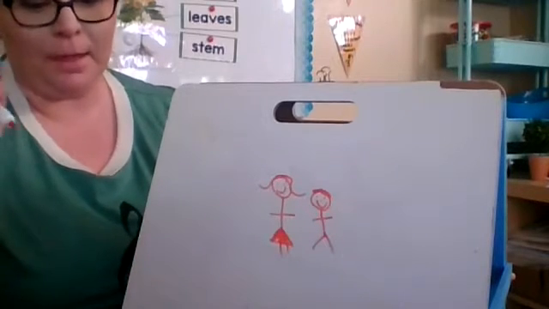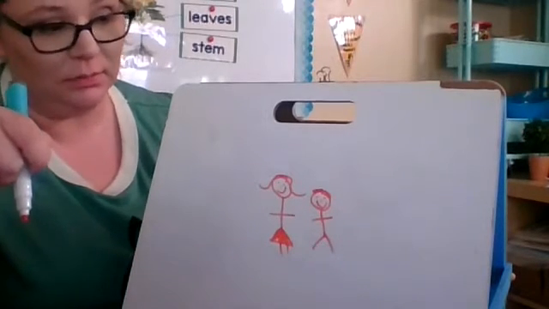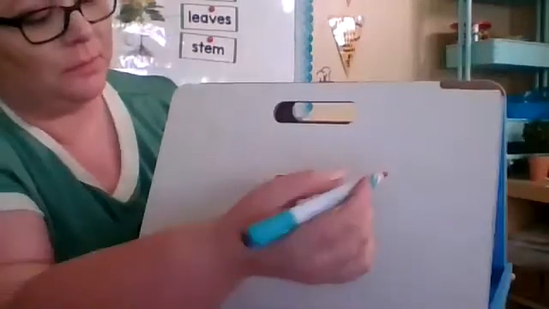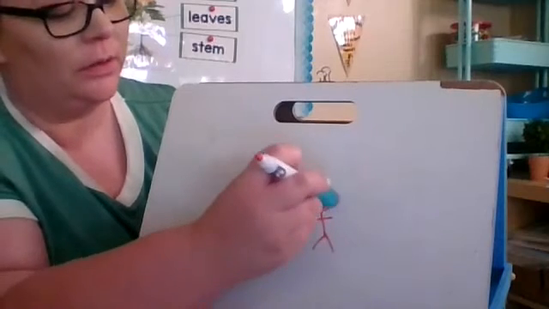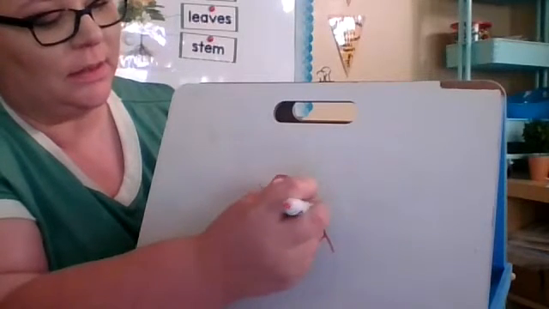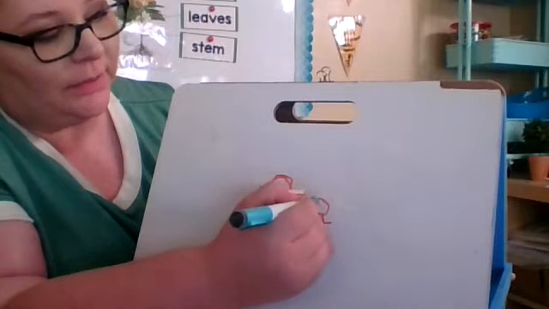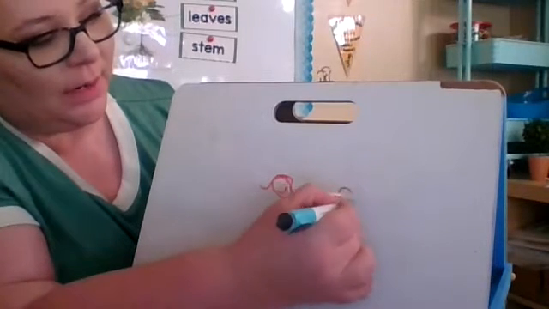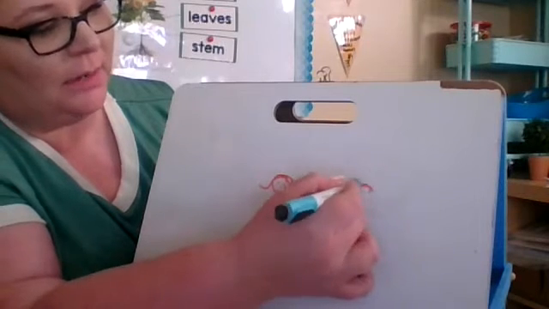But Stephanie is taller than Justin, but shorter than Jane. So I probably should have made him a little shorter to make it a little easier. Let's shrink Justin a little bit. Okay, and now we have Stephanie. We're going to give her a side ponytail.